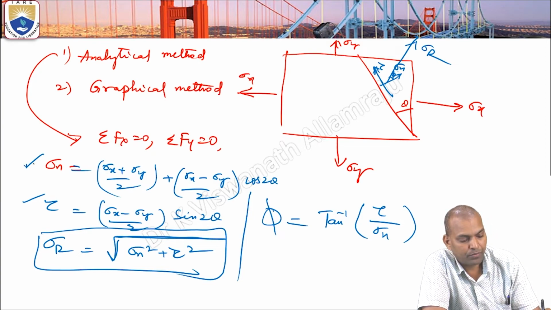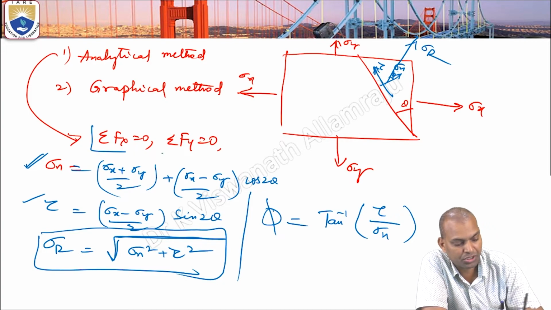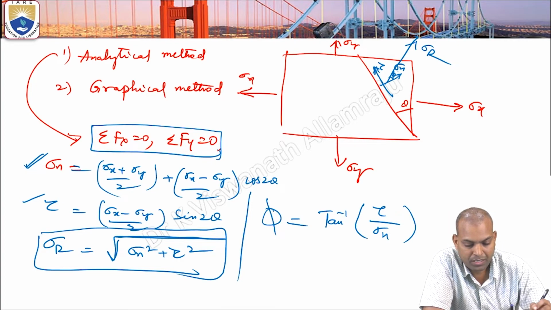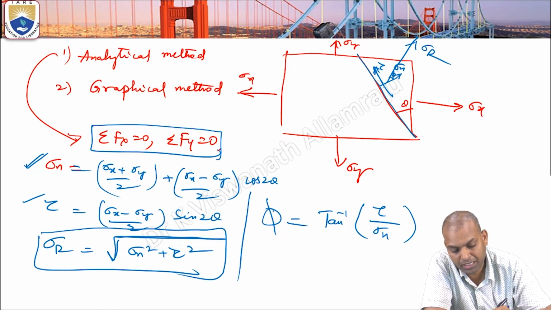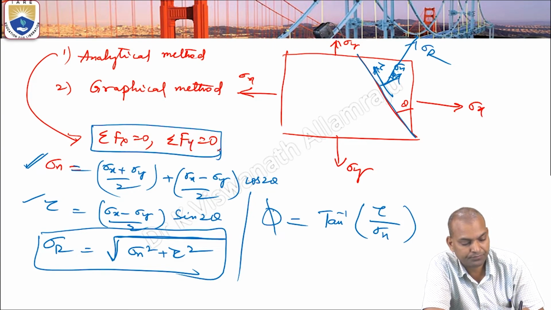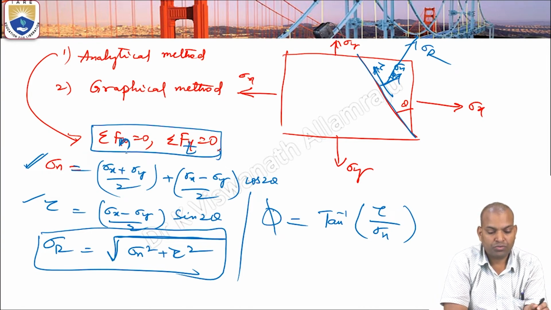So these are the formulae derived by the analytical method with the help of equilibrium conditions. The equilibrium conditions are: the algebraic sum of all the forces normal to the inclined plane, in the sigma n direction, equals 0, and the algebraic sum of all the forces acting in the tangential direction equals 0.